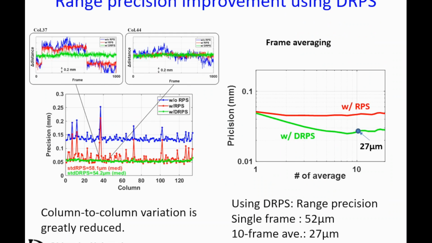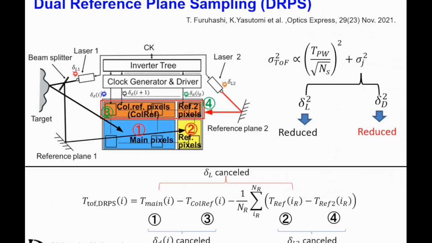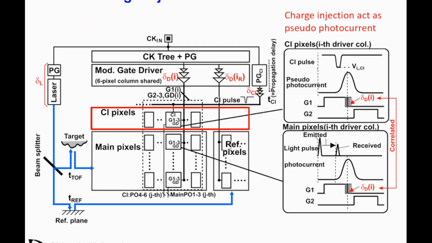But this method has a disadvantage because we need an additional laser to cancel the gate driver jitter. So we developed another method, charge injection reference plane sampling. The optical input in the dual reference plane sampling is replaced with charge injection.